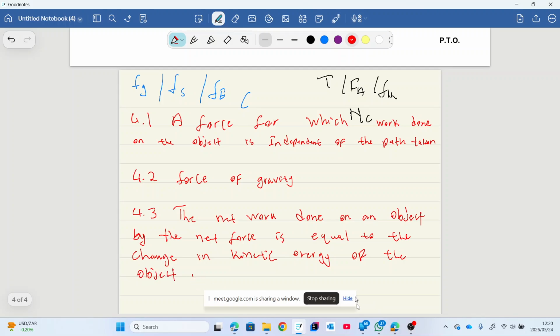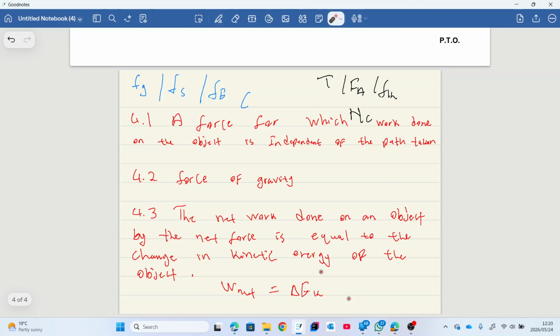So that is the definition. The following is not required, but you can just write it. The formula is W net equals change in EK. So you can use this formula in case you forgot the definition. You can go back and look at your formula.